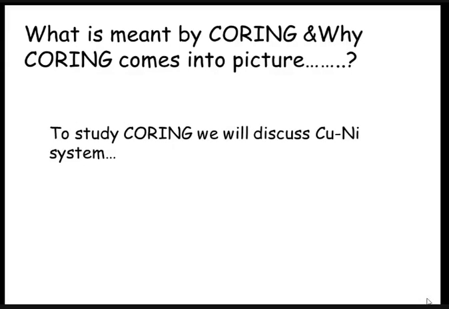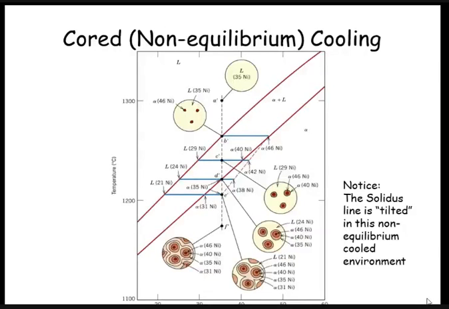In order to understand what is meant by coring, we will discuss the copper nickel system. As you can see, this is an equilibrium diagram of a copper nickel system. This line we call the liquidus line and this line we call the solidus line.